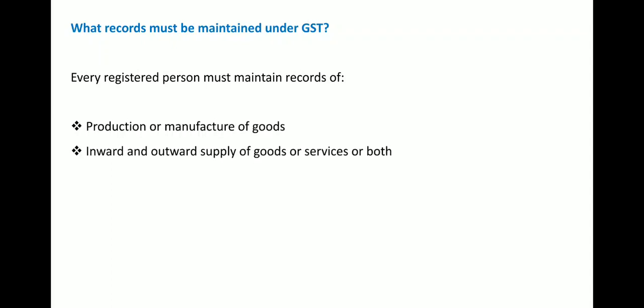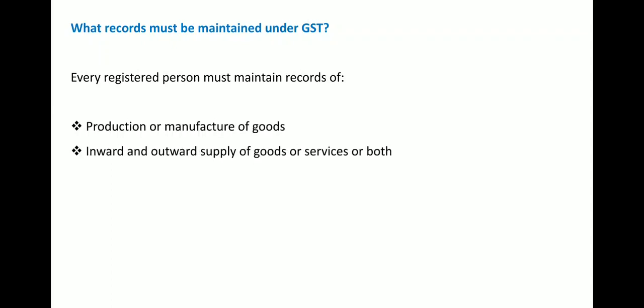The next record to be maintained is the inward and outward supply of goods or services or both. Any information regarding inward and outward supply of goods and services has to be recorded in the books, that is, what sort of goods is being inward and what sort of goods is being supplied outward.